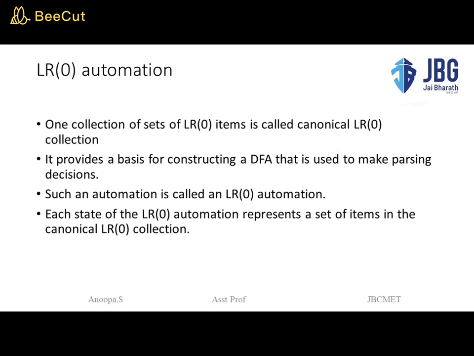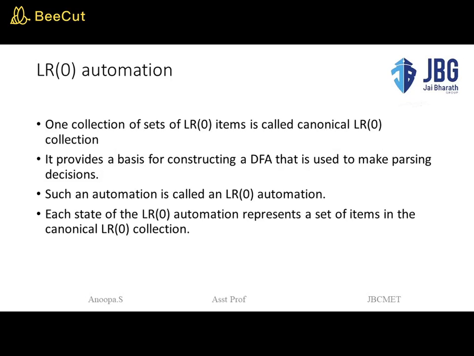An LR(0) item of a grammar G is a production of G with a dot at some position of the body. Suppose we have a production, here there will be a dot, and that dot can be at any position of that production. For example, let us consider the production A giving XYZ. It yields 4 items.